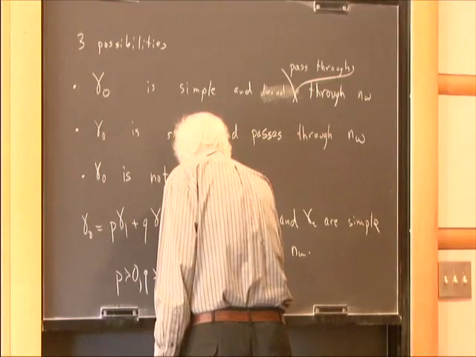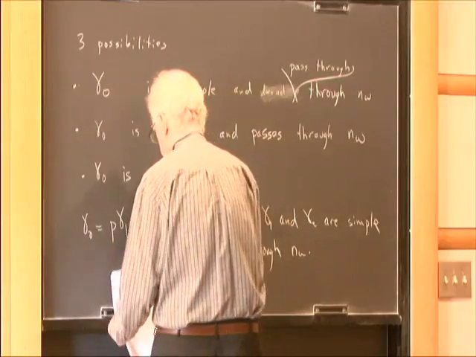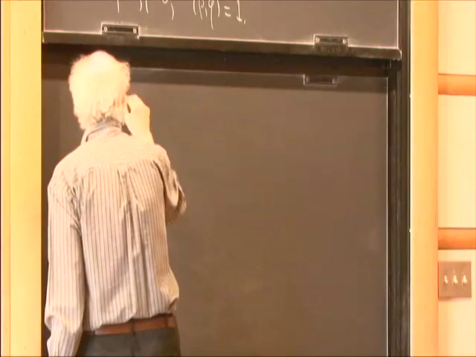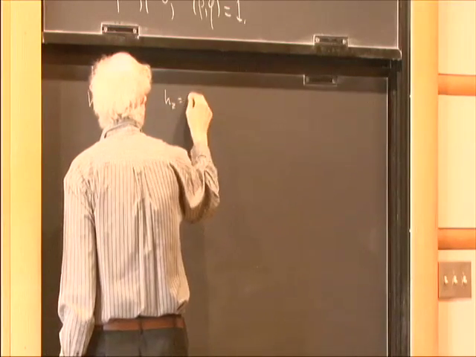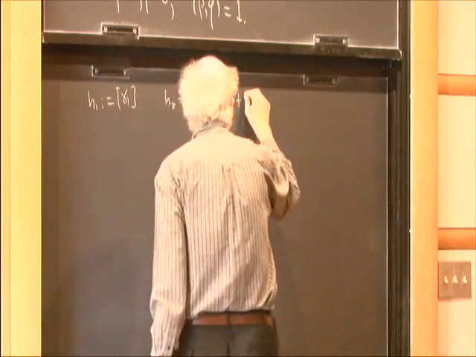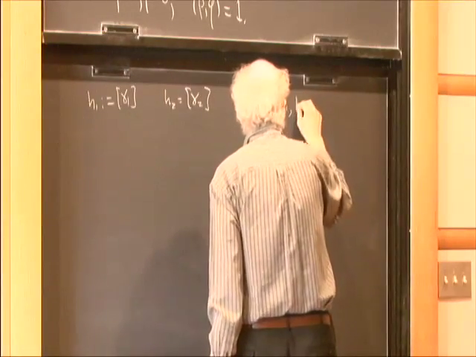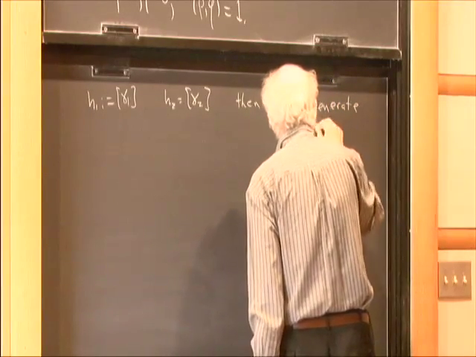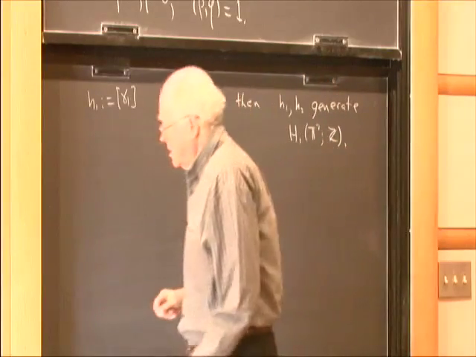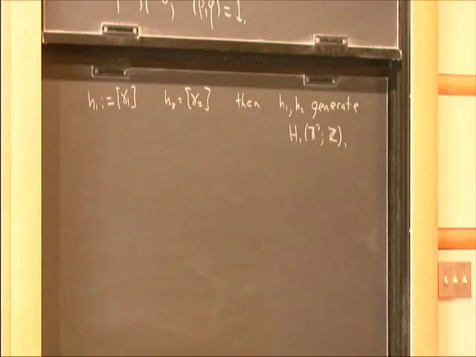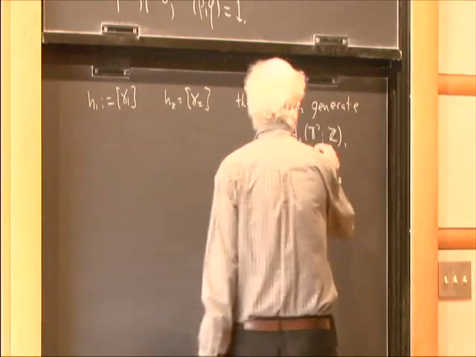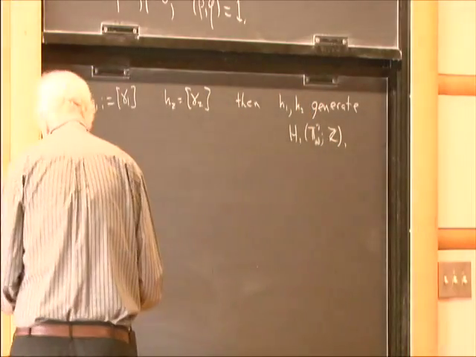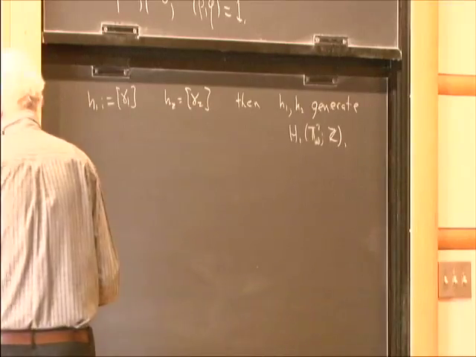P and q are relatively prime. If I set H1 to be the homology class of gamma 1 and H2 to be the homology class of gamma 2, then H1, H2 generate the group H1 of T2 omega with coefficients in Z. Okay, so that's C5 prime.